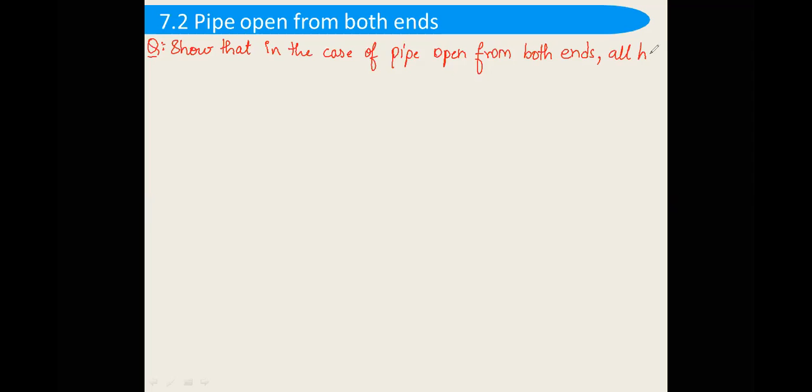The question is: show that in the case of a pipe open from both ends, again all harmonics are present as overtones.